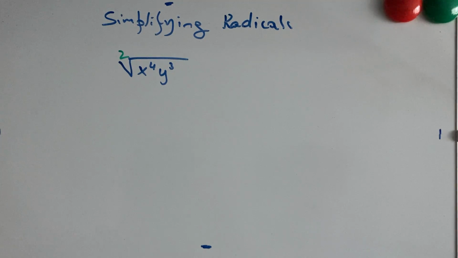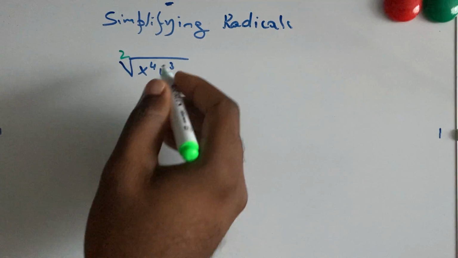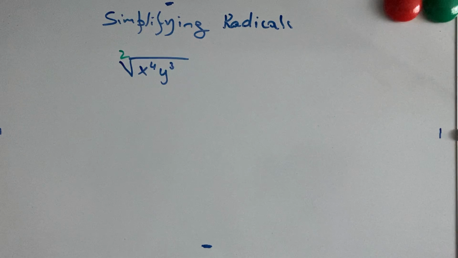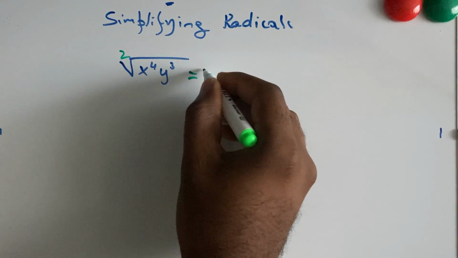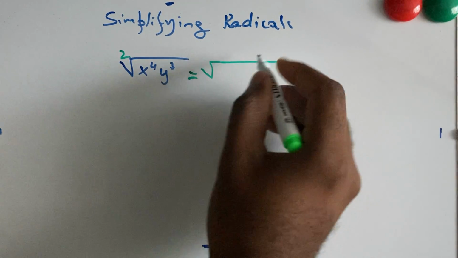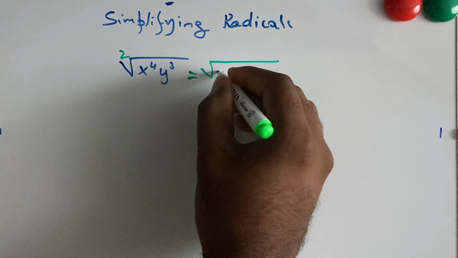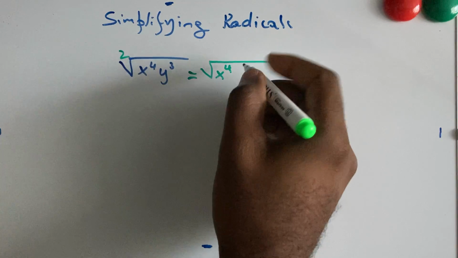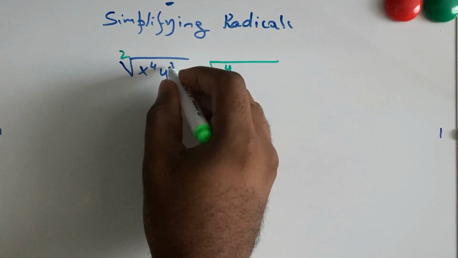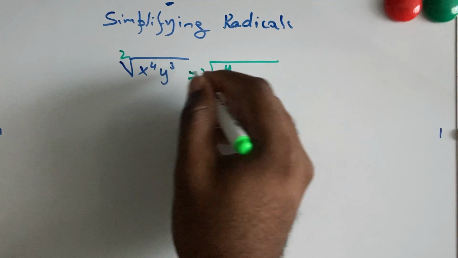Now, all you got to do is find numbers here that are divisible by 2. If you can get that, you just divide and that will give you the answer. Let me show you. 4 is already divisible by 2, so that's fine. Then I have 3 here, and 3 is not divisible by 2.